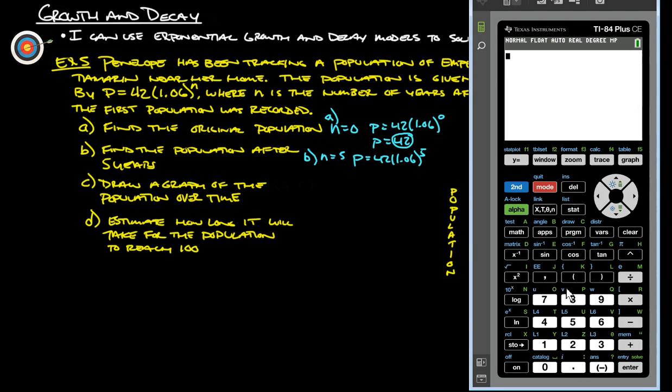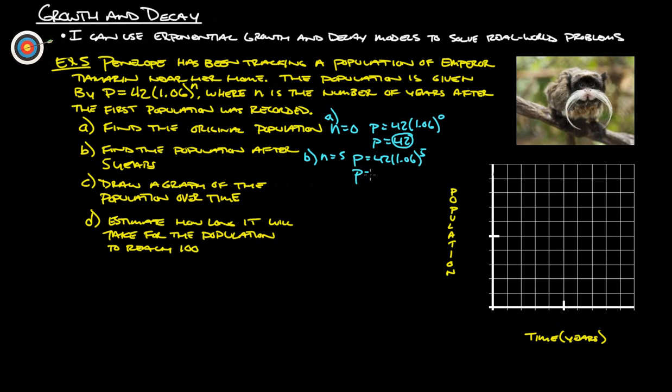And we can do 42, and we can even make it look just like it looks here. Parentheses 1.06 to the 5th power. Hit equals, and we are up at about 56. It is about 56 tamarins, right? Emperor tamarins.